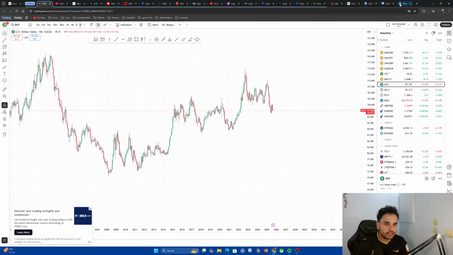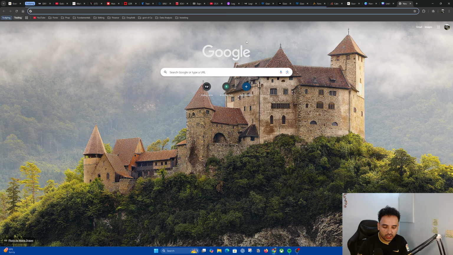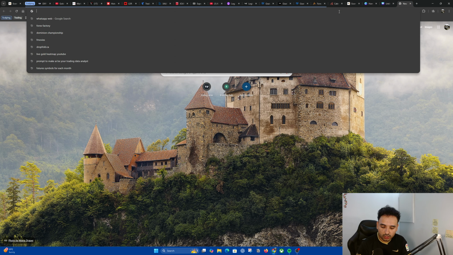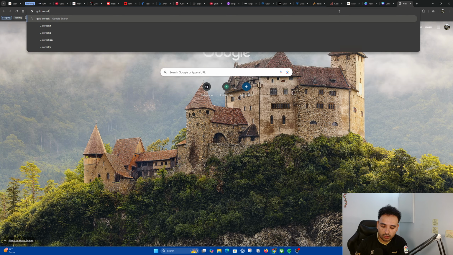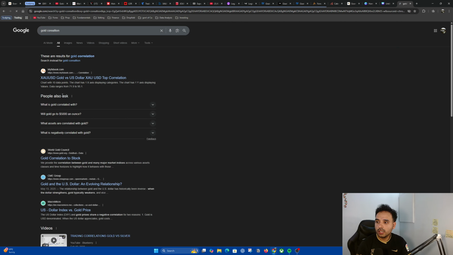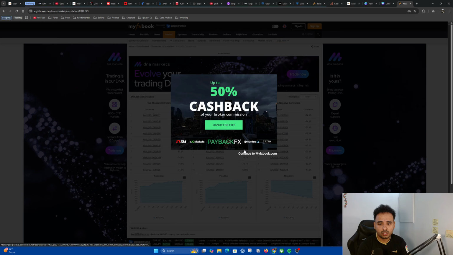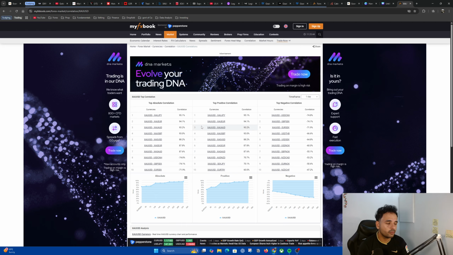For what the correlation has been, I try to look at this website. You don't have to use it, but you can use it some of the time when you are looking at some other chart. Suppose you are trading Forex and gold, but I personally only trade gold, so I don't give it much of an eye, but sometimes I do.